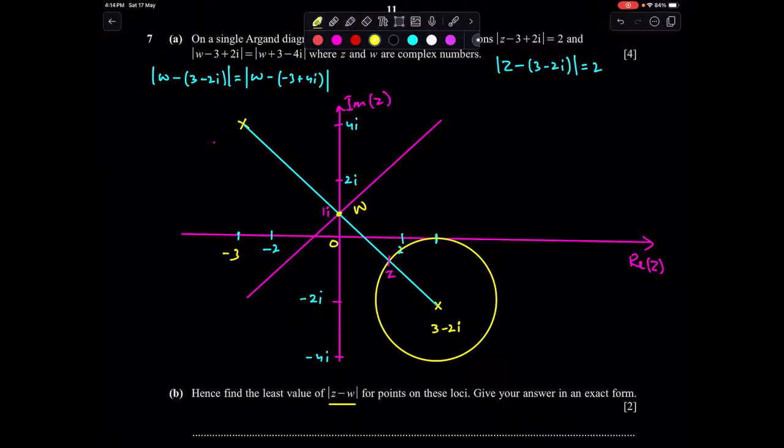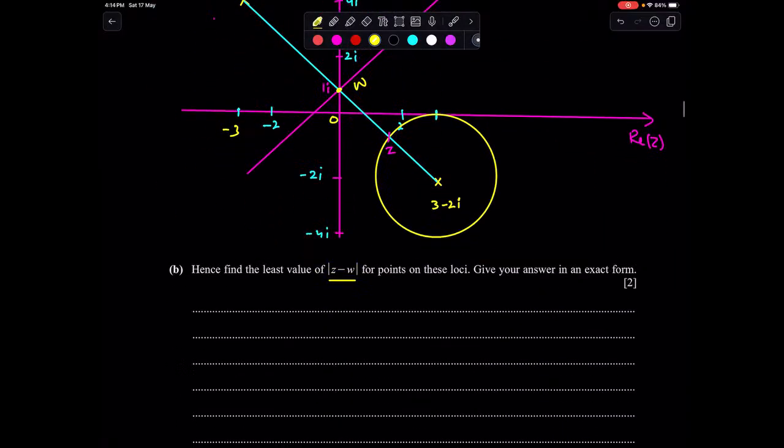So we have these points, 3 minus 2i and this complex number, 0 plus 1i. We just need to subtract these two. So 3 minus 0 is 3, minus 2i minus i is minus 3i.